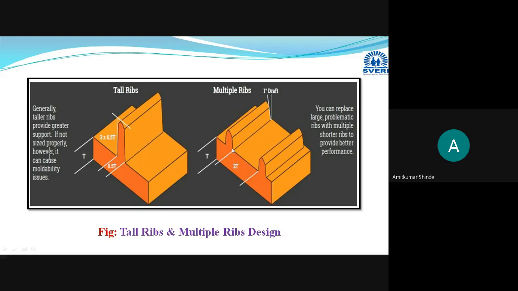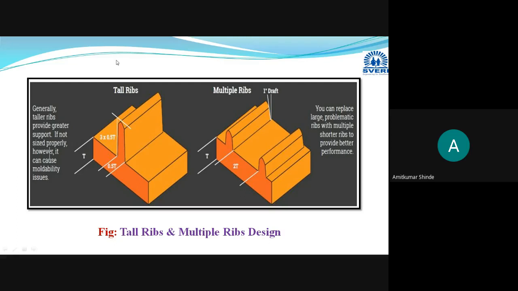Okay. And these sharp corners are eliminated here, one fillet or this radius is provided here to eliminate the stresses. Whenever sharp corners are there, it will increase the stress. To eliminate that, we have to provide the radius or fillets.